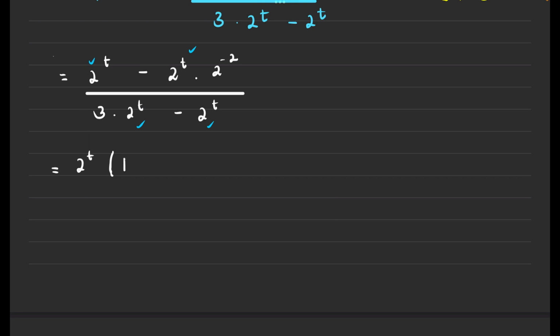And what do I need to multiply it with in order to get 2 to the t times 2 to the negative 2? Then I need to multiply that by minus 2 to the negative 2. And then I'm going to divide all of this by 2 to the t. In order for me to get this part, I need to multiply it by 3 minus. In order for me to get this part, I need to multiply it by 1, right?